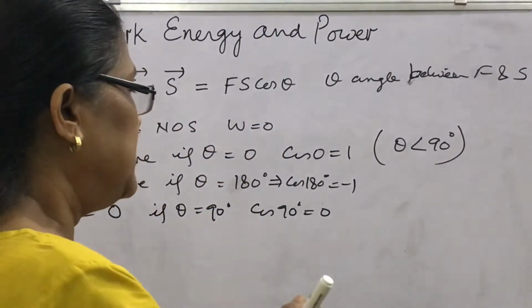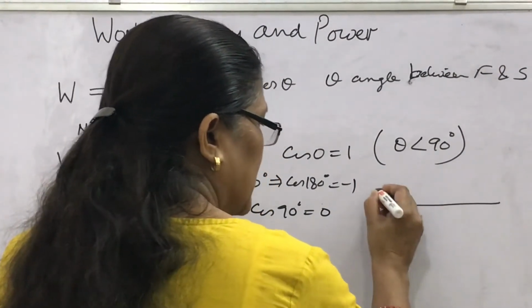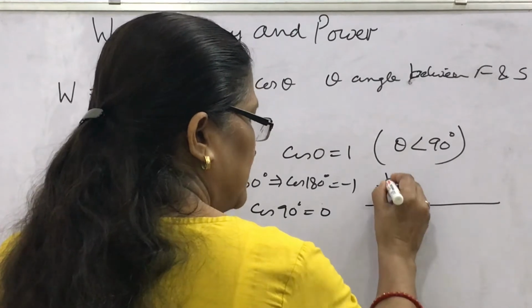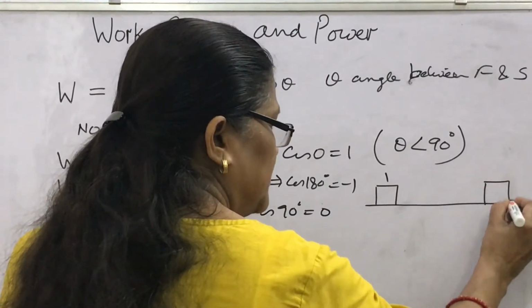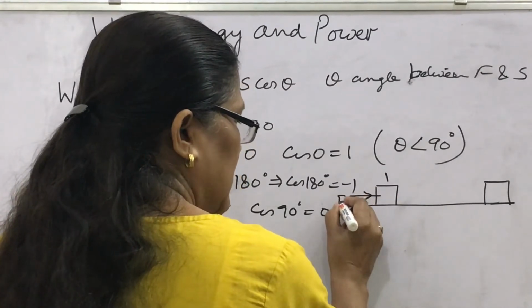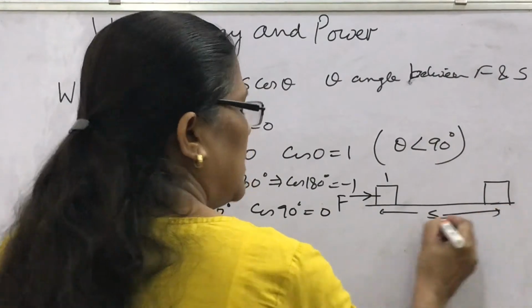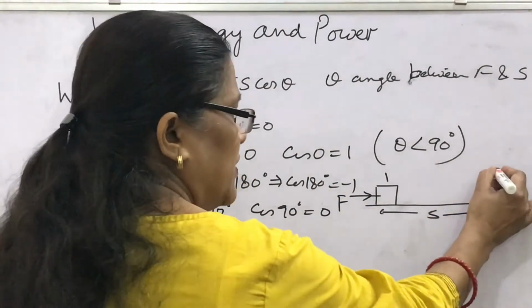We can see here that if there is an object moving from place 1 to place 2, the force applied on it is F and it is displaced by S, the displacement from position 1 to 2.